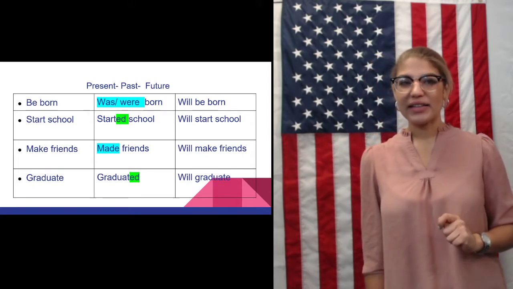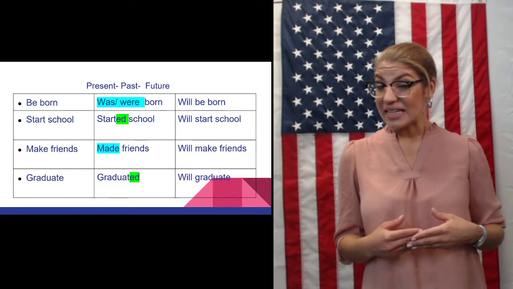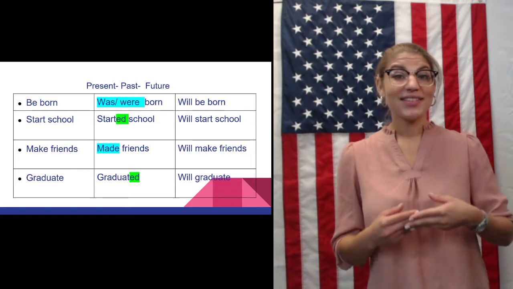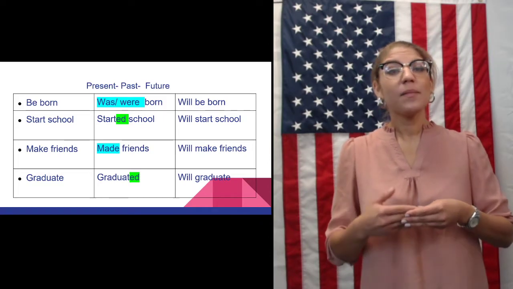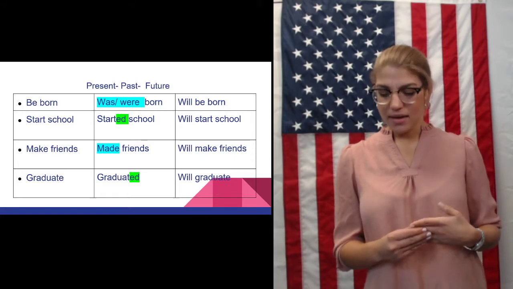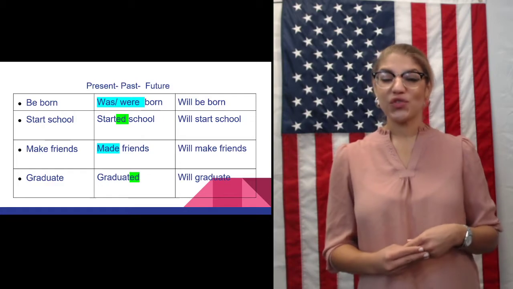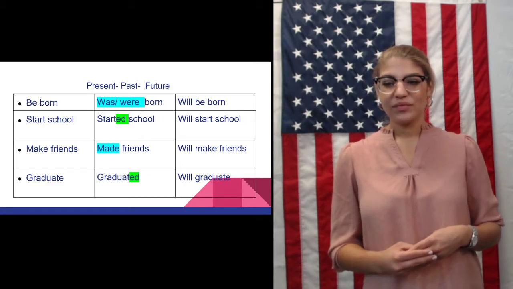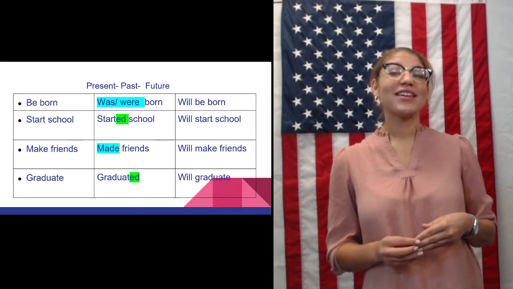Make friends. I made good friends in university. Made because it is past tense. I made good friends when I was in university. I will make good friends in the future.